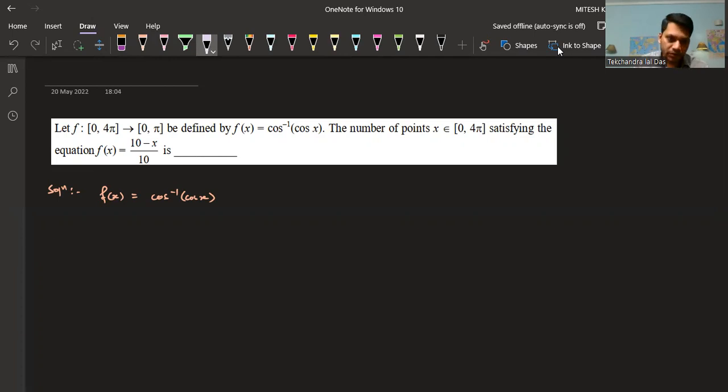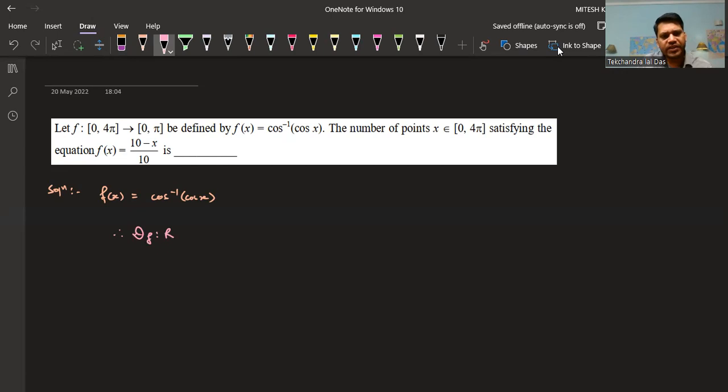Here is the cos inverse function, which has a limited domain, that is [-1, 1]. Clearly, cos x has range [-1, 1] whatever the value of x. For x a real number, cos x is in [-1, 1], so cos inverse easily digests that value, because the domain of cos inverse is also [-1, 1]. So clearly the domain of this function is the real numbers.